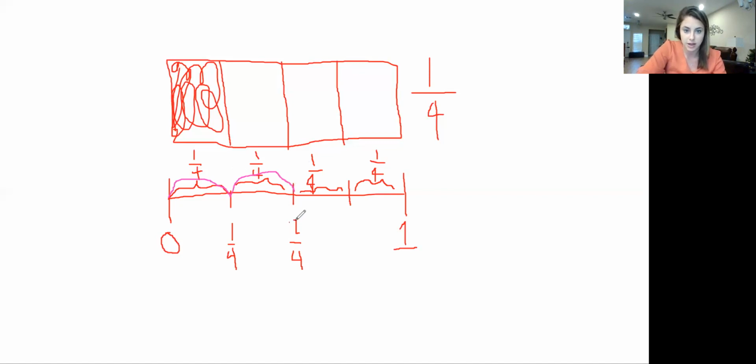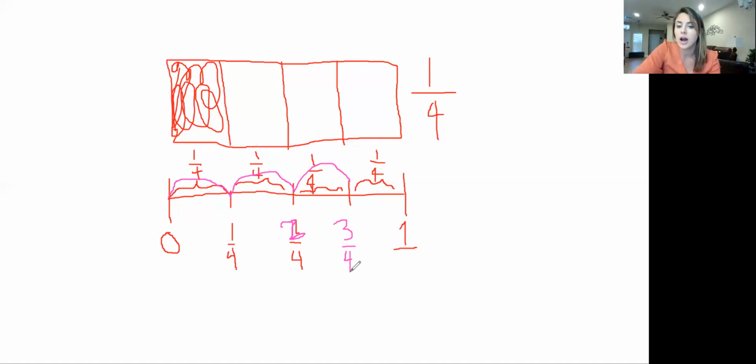And that gives us that 2/4. And if I continue down my number line, not only do I have 1 part out of 4, 2 parts out of 4, now if I add this next part, that's 3 parts out of 4 to make my next mark on my number line.